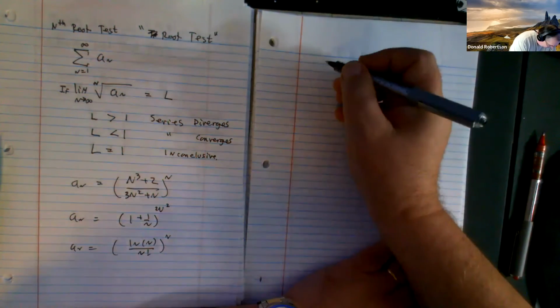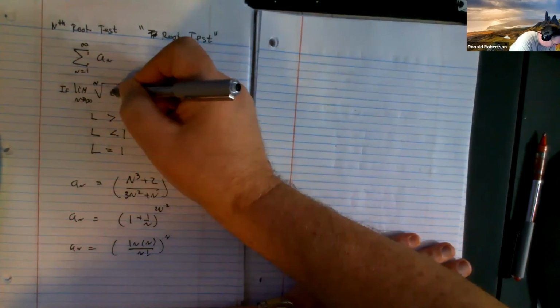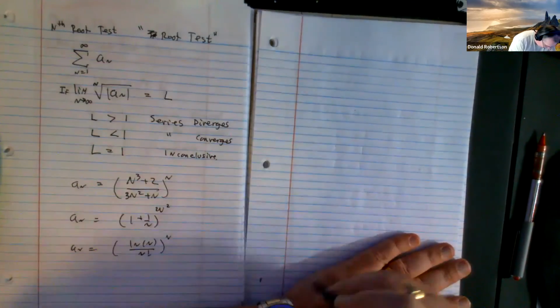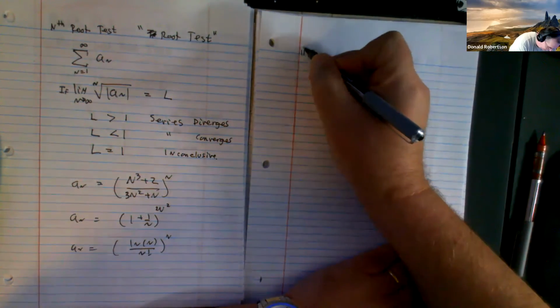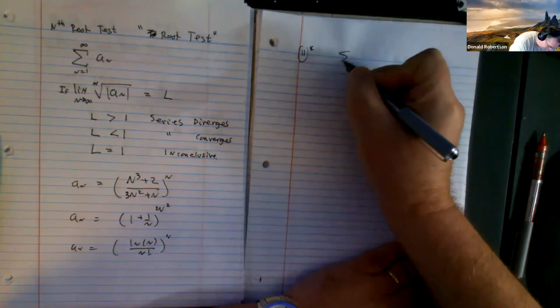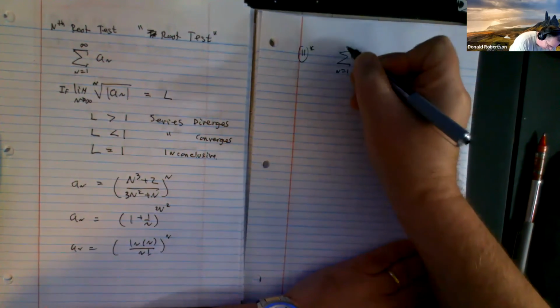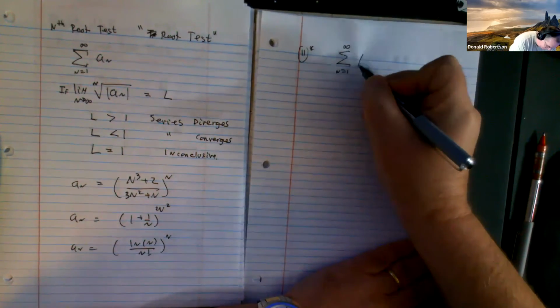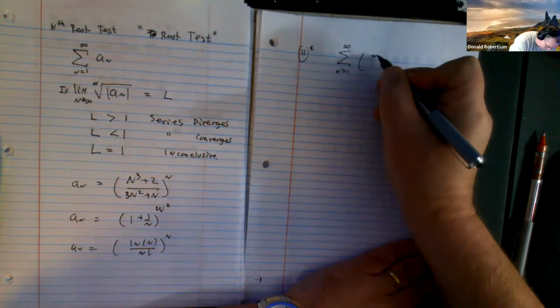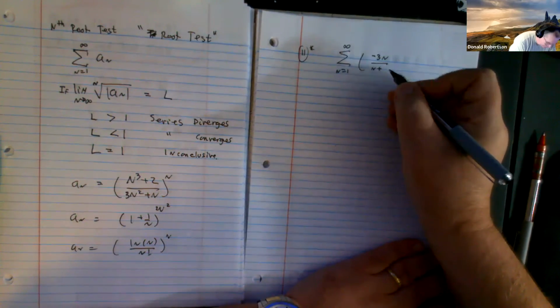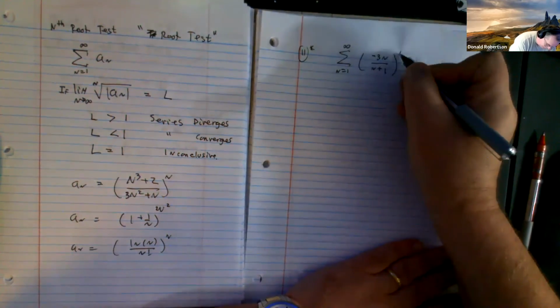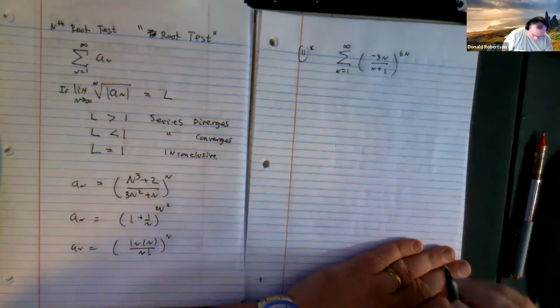So technically speaking, there's an absolute value around that. I guess I should put that in. So pick a version of 11. Let's suppose I'm interested in that guy.